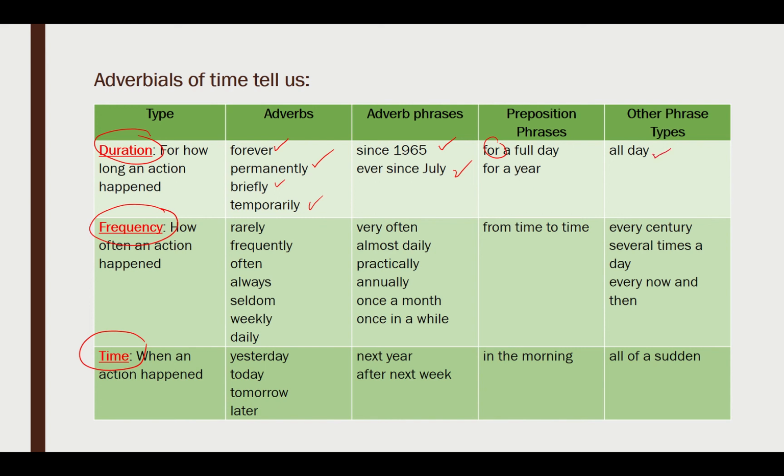Okay, for frequency, in terms of adverbs, these are the words that you can use to describe sequence connectors, right? So words like rarely, frequently, often, always, seldom, weekly, and daily.